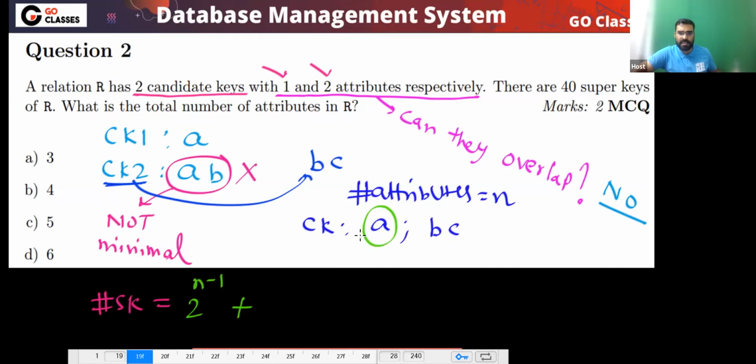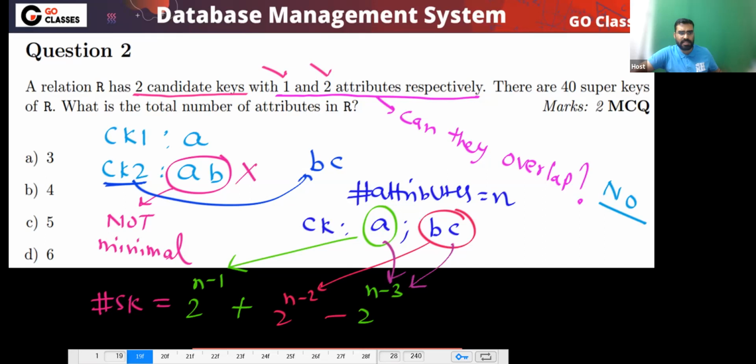Super keys containing BC will be 2 power n minus 2. Minus super keys containing both of them, that will be 2 power n minus 3. Yes or no? Correct.